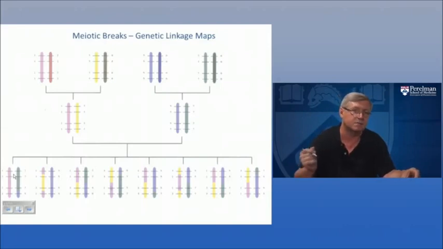Just as I mentioned earlier with other kinds of maps, you could then increase the density of markers along the chromosome and increase the number of meiotic breaks by looking at additional families and additional pedigrees. You could in fact construct entire genetic linkage maps where the markers that are closest together are almost always mapping to the same pieces of DNA that get transmitted in these meiotic chromosome fragments.